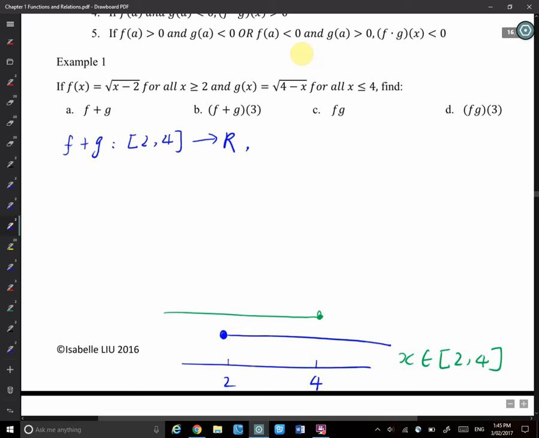That is fixed. I will say f plus g, the variable will be x, so (f+g)(x) equals, describe the rule. The rule is add them up. So it's square root of x minus 2 plus square root of 4 minus x. That's it.